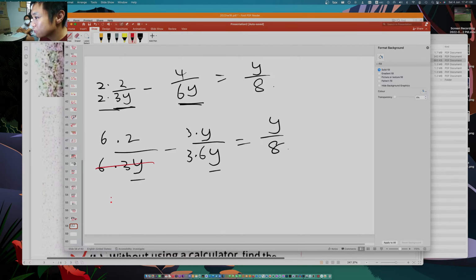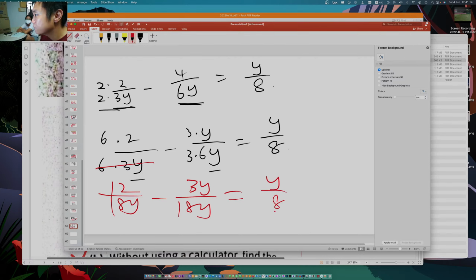It's not that you cannot, it's just that the numbers are bigger. So you have to find the simplest solution. Therefore, that's why the common denominator is 6y. Okay, then let's not do this. Let's try to do the above.